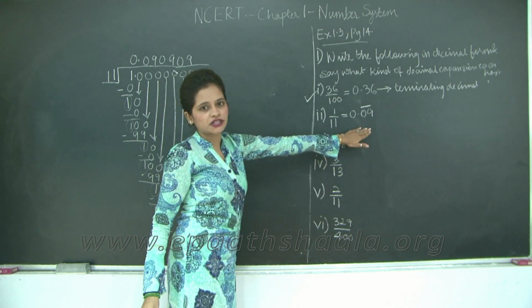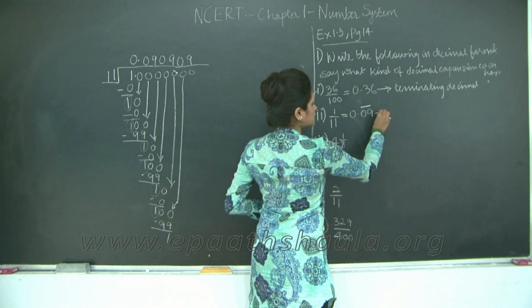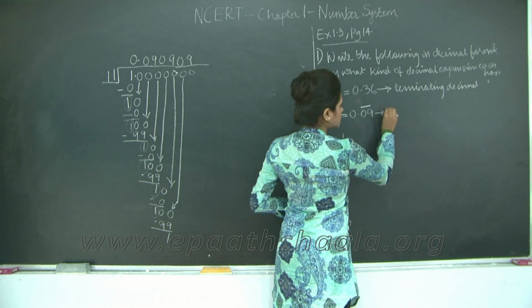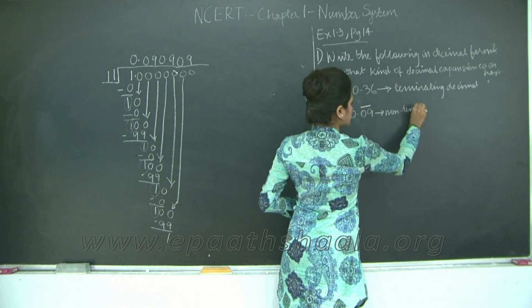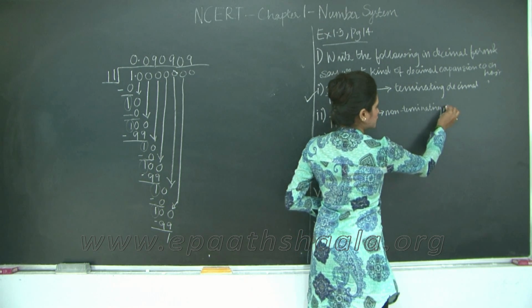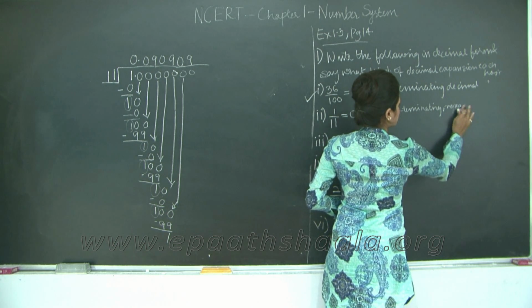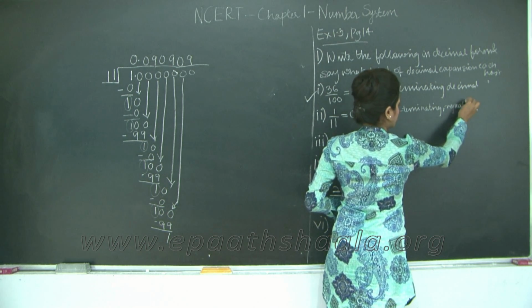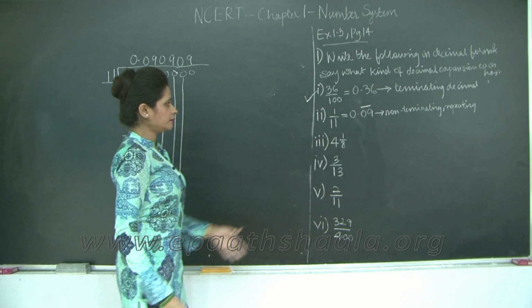Because 09 is repeating. Therefore, what kind of decimal expansion is it? It is a non-terminating repeating or recurring decimal expansion. Got the idea? Let's go.